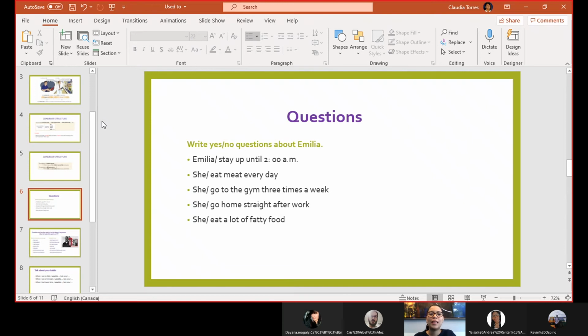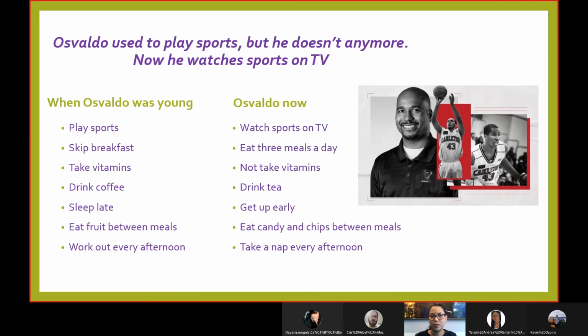Okay. So now for the next activity, I want you to look at the pictures. This guy is Osvaldo. To be honest, I don't remember his last name, but he is a very famous basketball player. Right now, he's a coach, and he is very famous here in Canada because he was a very good one when he was young.